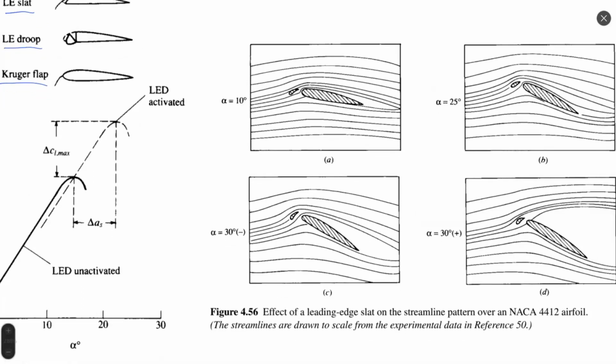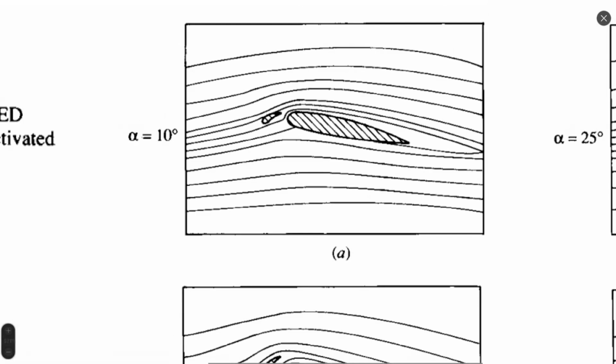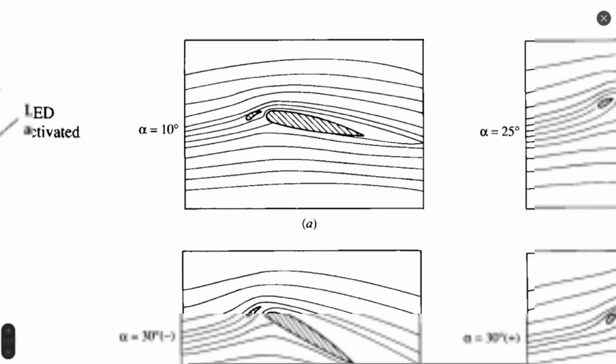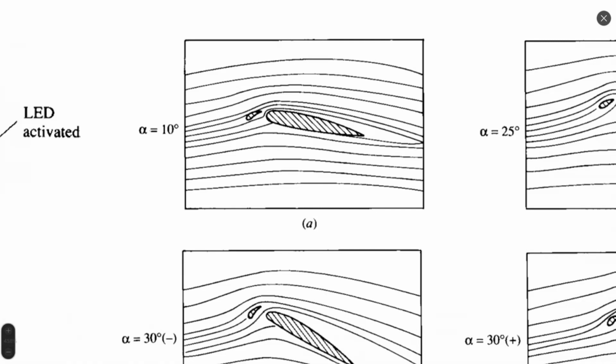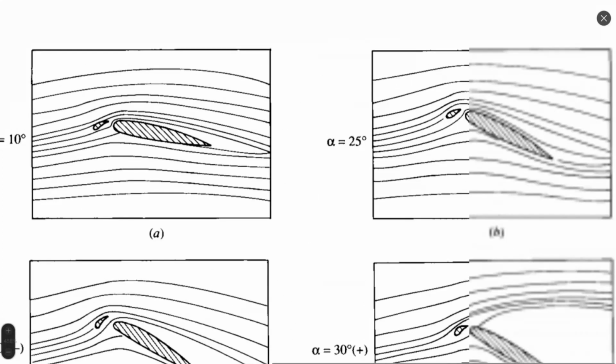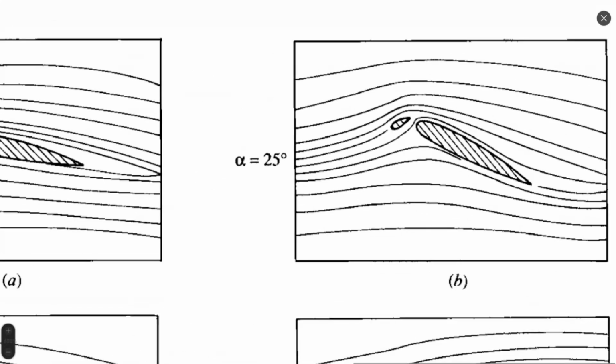Let's see how flow picture is developed. Here at 10 degrees angle of attack, this LED is at some position. Position of LED is very important. How is the angle? What is the distance? Main purpose of this LED is to organize flow in such a way that flow separation will be avoided. So we need to design and control this LED in such a way that flow separation will not happen. For example, look at the angle of attack 25 degrees.